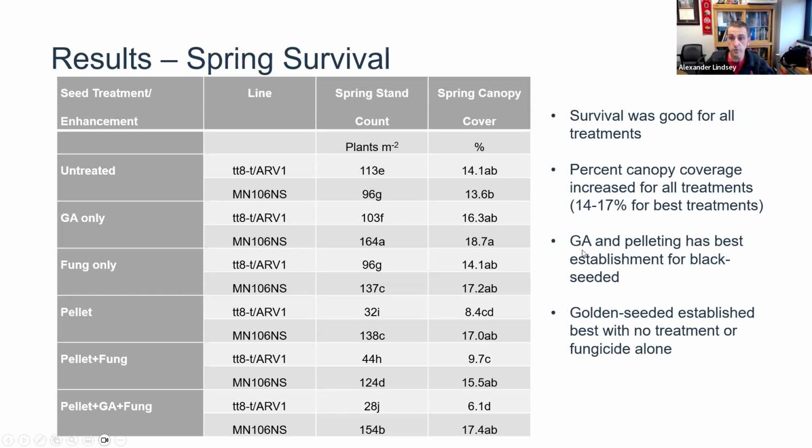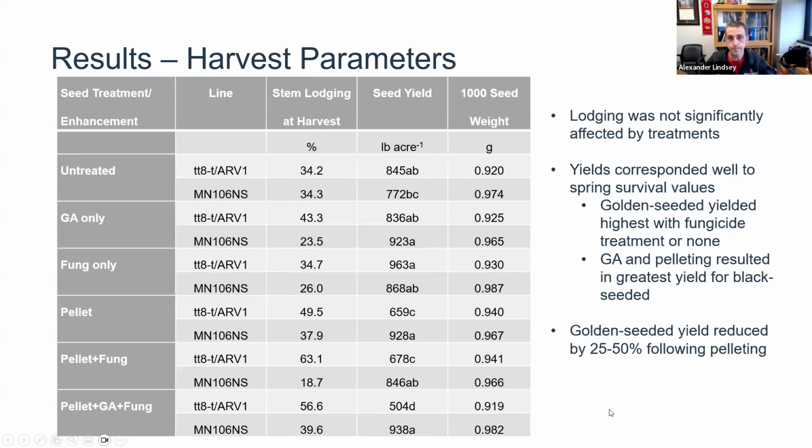This occurred when we treated with gibberellic acid and pelleting, but the golden seeded established best with no treatment alone or fungicide by itself. Again, pelleting was seen to negatively affect establishment in the golden seeded line. We saw no difference in seed treatment or genetics really when related to lodging percentages. There was no interaction with our varieties tested.